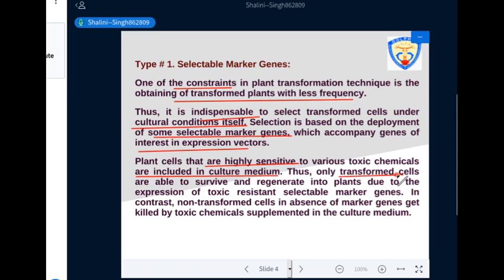Only transformed cells which are having the antibiotic resistance gene or this herbicide resistance gene will be able to survive and regenerate into plants due to the expression of this toxic resistance selectable marker gene. Whereas the non-transformed cells, in absence of marker genes, get killed by toxic chemicals which have been supplemented in the culture media.